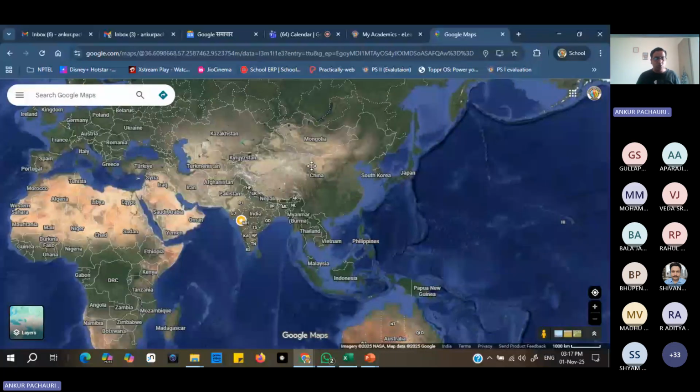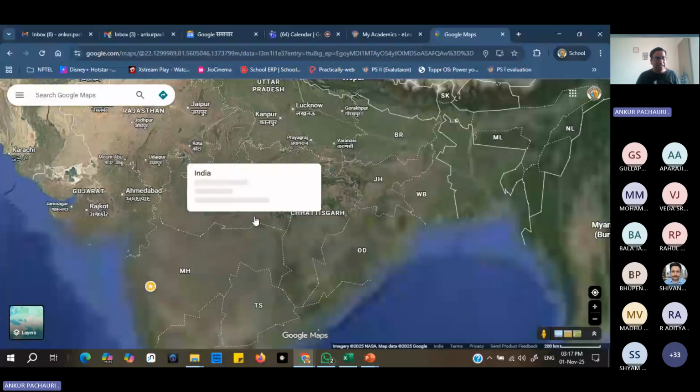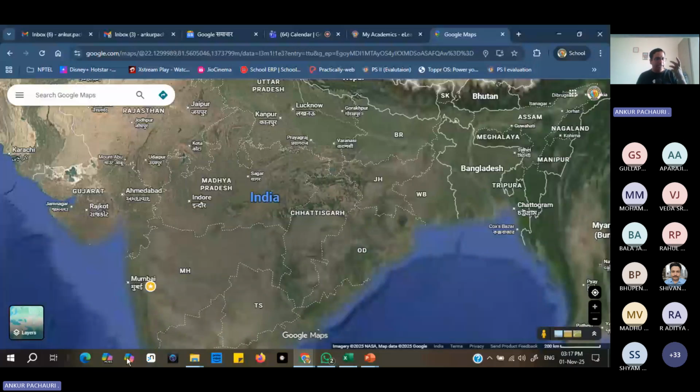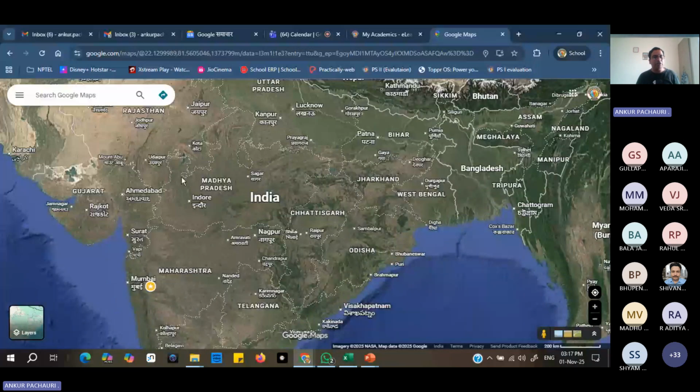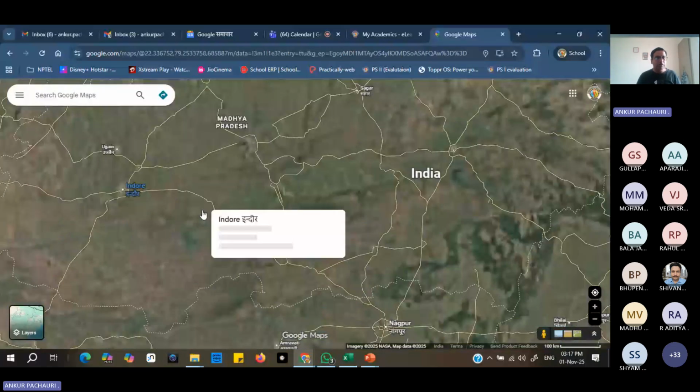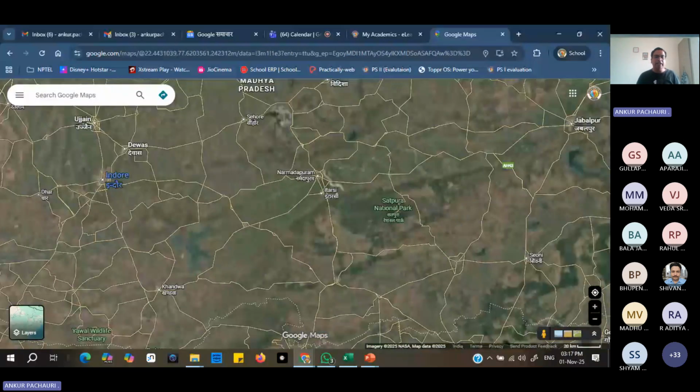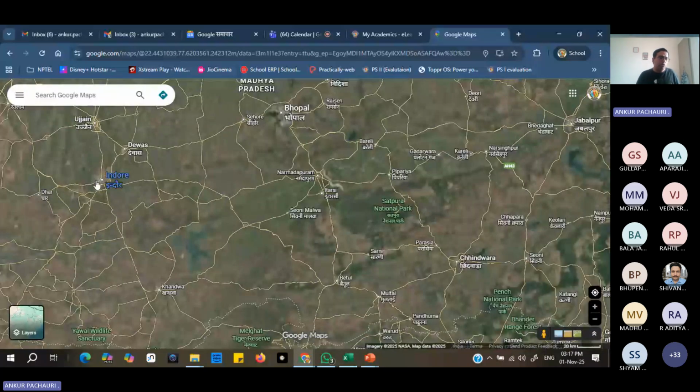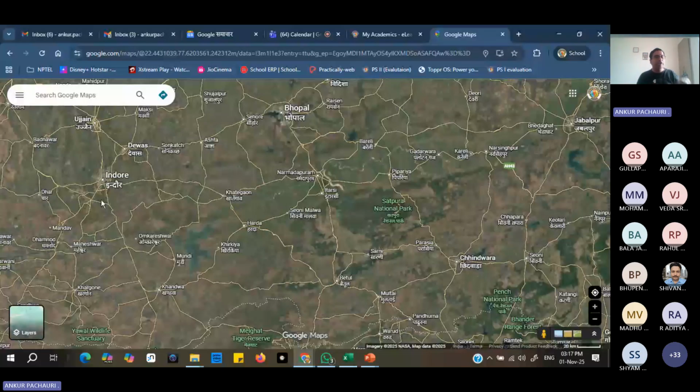If I zoom in, then the rest of the graph is not required, so it need not be loaded into the memory. If I move into Indore, then the rest of India will be of no use to me, so it is not visible to me. It is not loaded into the memory.